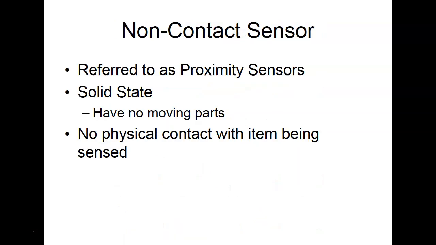Then we move into what we call non-contact sensors, referred to as proximity sensors. These are usually going to be solid state, not always. Now, what advantage does solid state or electronic sensors have over electromechanical sensors?